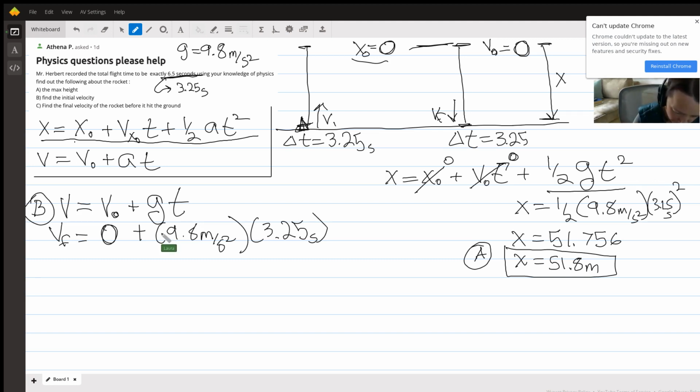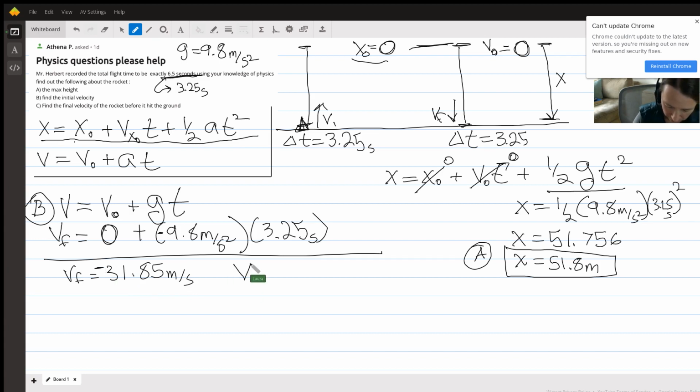So since we're thinking about the second half, I will put this negative sign in and pull it through. So 9.8 times 3.25 should give us our final velocity falling downwards of 31.85 meters per second. And since it's going down, that negative sign goes with it.